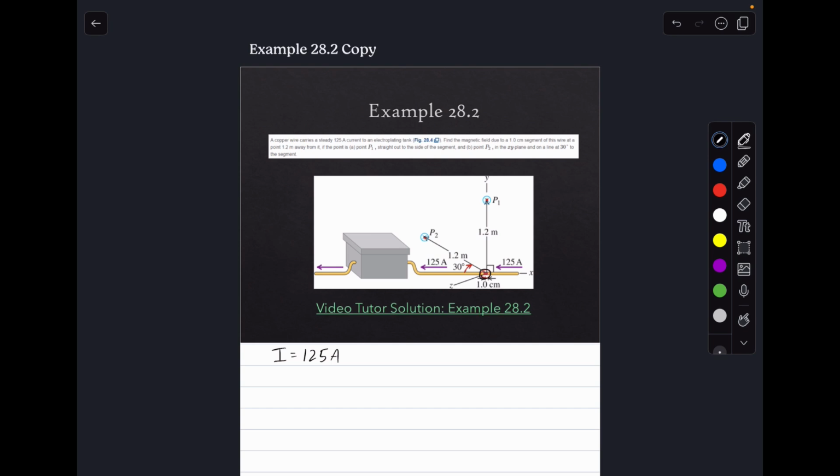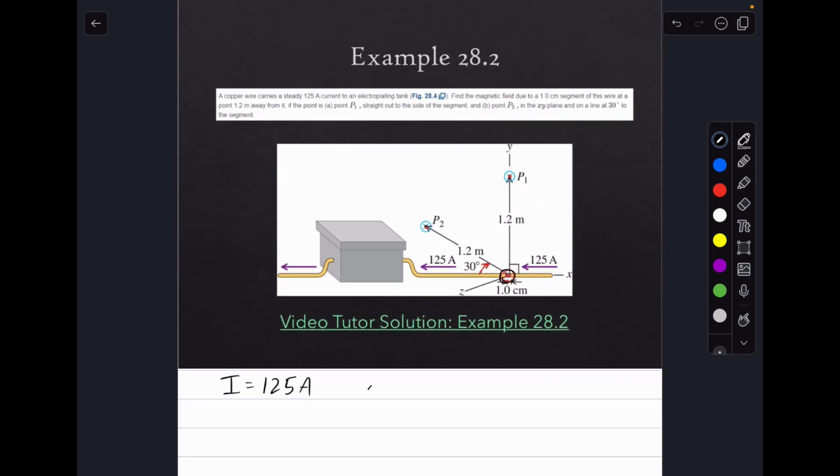And from that coordinate system, we can see that our dl vector is going to be dl in the negative x hat direction, or negative i hat direction. And what is that dl? It's 1 centimeter, okay? 0.01 meters in the negative i hat direction.